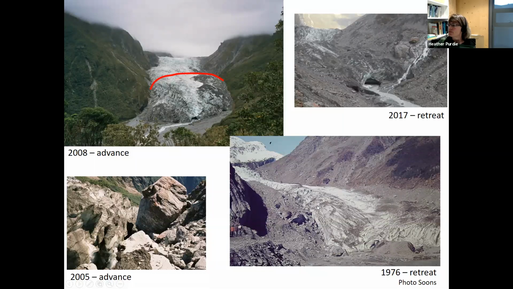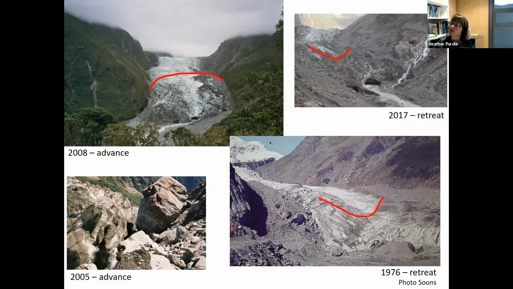Whereas during retreat phases, when we look through the historic photos and at what's been happening recently, the surface profile inverts, and we start to see a sunken profile across the surface, where the sides of the glacier become higher than the central portion. We can see this sunken area commonly over the main drainage portal.